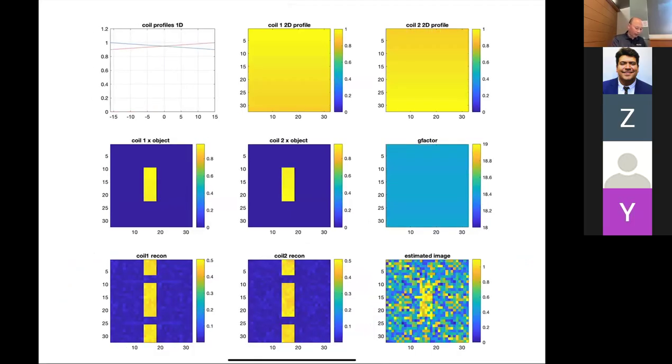On the other hand, if you look at this vector and this vector here, one is the blue and one is the red, those look pretty similar, right? So essentially in vector space, they have a very small angle between them. And therefore, when I try to come up with my estimate, I get this really noisy estimate. Because at every voxel, it's not really sure whether the energy should go to this vector or that vector.